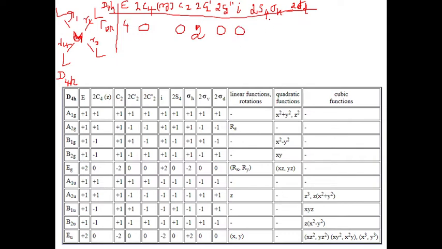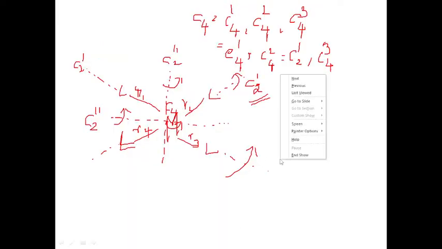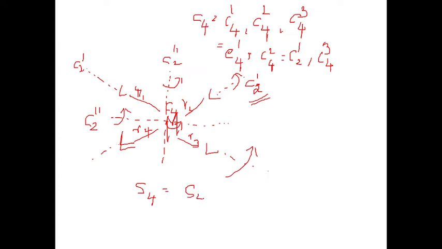Okay, and then S4. So S4 is able to generate how many operations? Let us just revise. I will just revise what we have already seen only. So S4 will generate, this is in your first unit, S4 1, S4 2, S4 3.